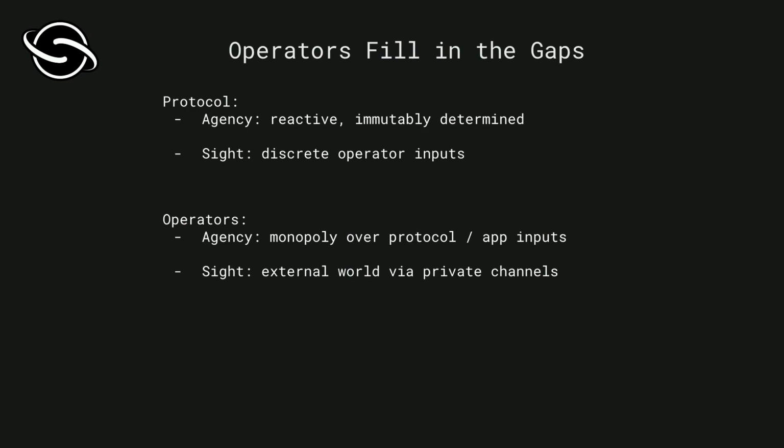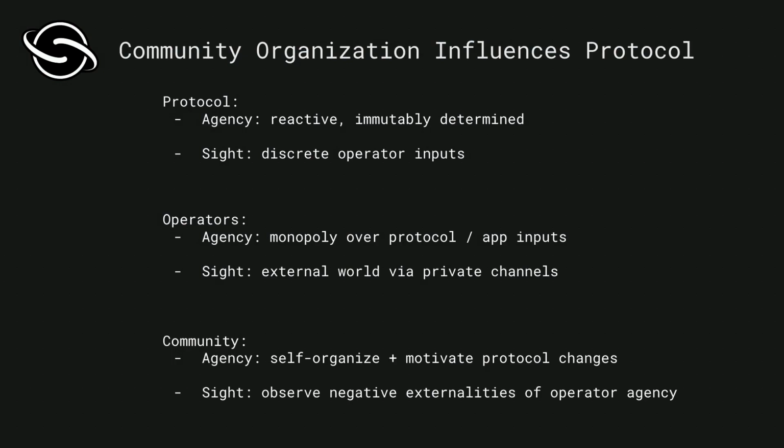Because of the limited agency of the protocol, operators have the ability to fill in the gaps with unaudited behavior that meaningfully augments the behavior of the protocol. And then finally, community organization influences protocol development, right? They identify where these misalignments exist and try to solve this principal agent problem by proposing meaningful modifications to the protocol to enshrine more of these unaccountable parties.